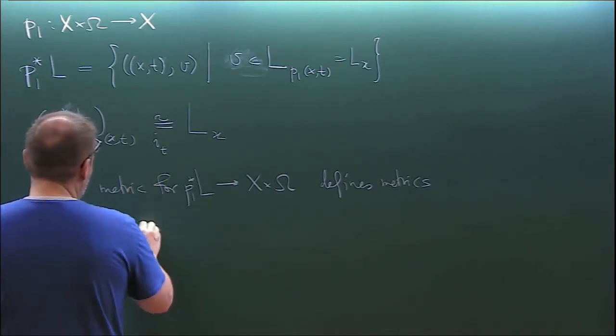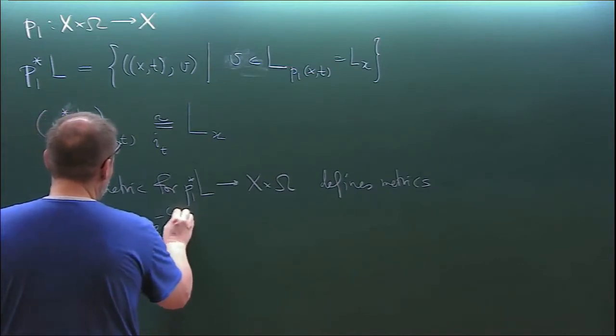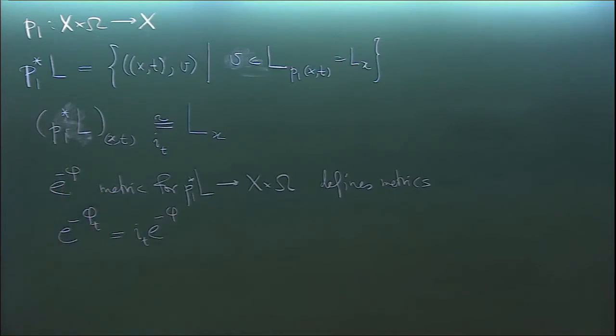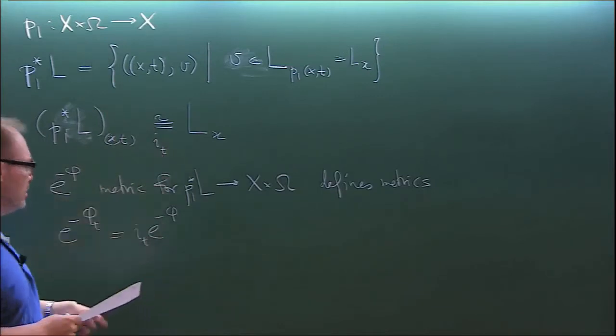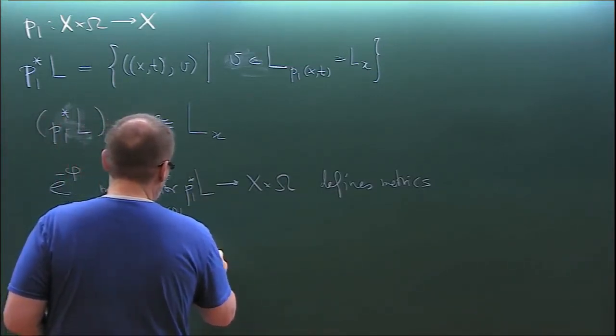If you take the induced isomorphism I_t and apply it to the metric e to the minus phi, in other words, you're just taking this metric and restricting it to the fiber over t.